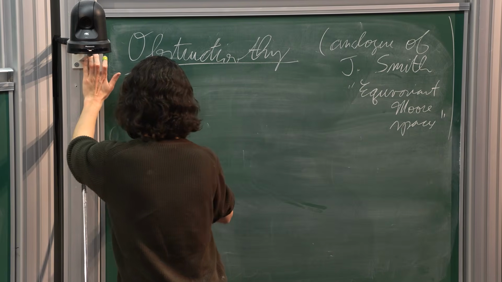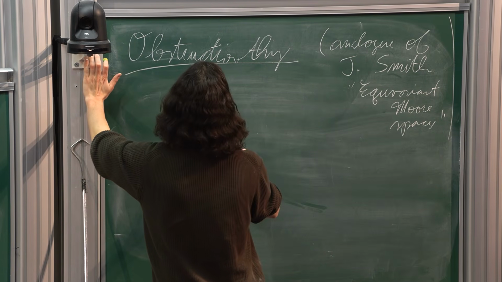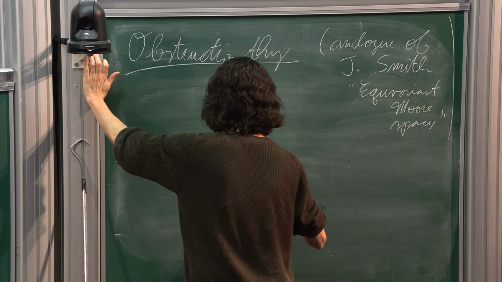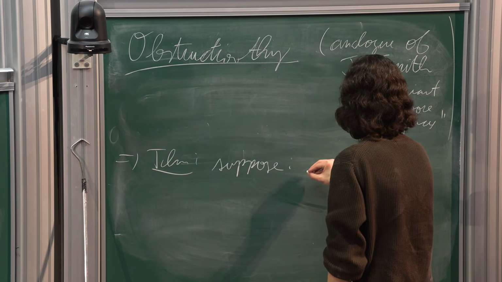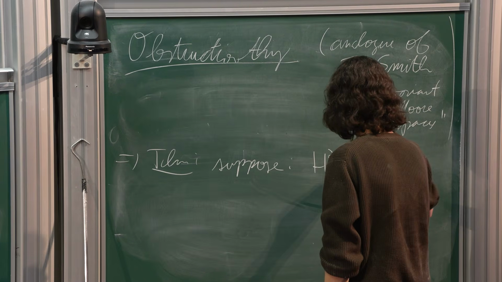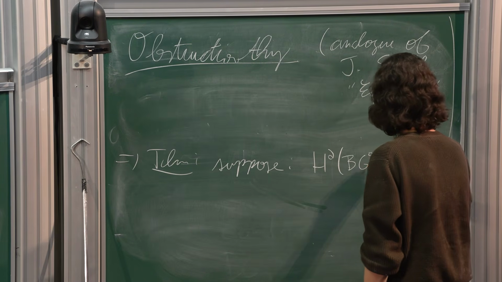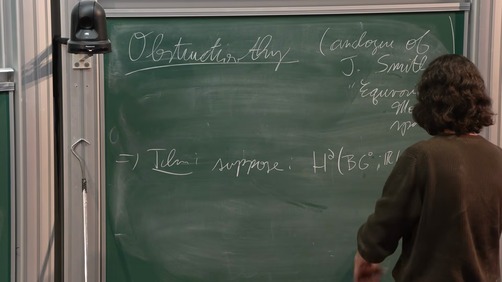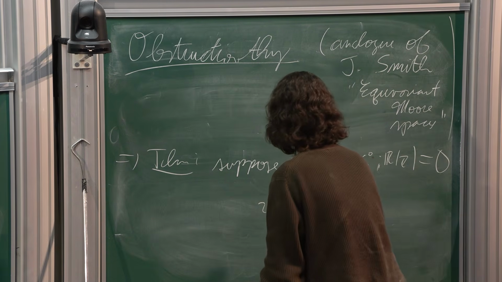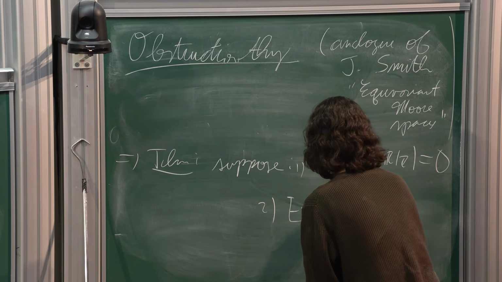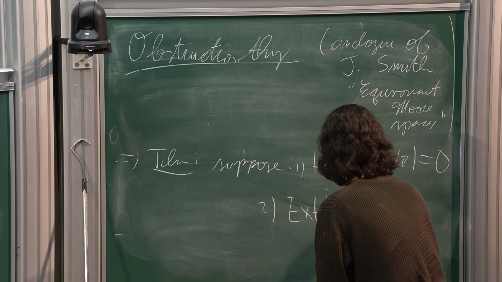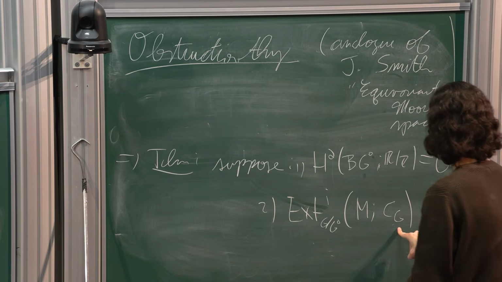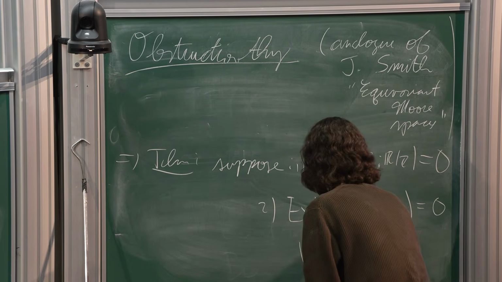So this gives a theorem that in the situation as above, suppose that H2 of B of the connected component with coefficients in R mod Z is equal to 0, and that Ext^i of G mod G0 from M to CG, something I'll define in a second, is equal to 0 for all i bigger than 2.